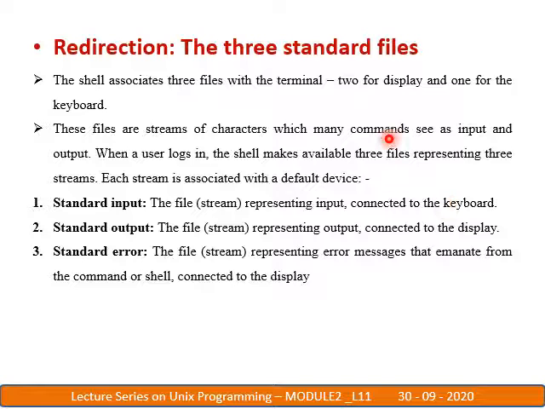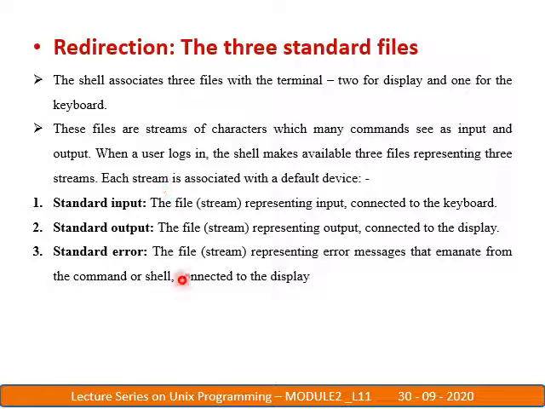In the redirection, the shell is going to be associated with 3 files with the terminal, 2 for the display and 1 for the keyboard. These files are streams of characters. Normally these files have streams of characters which may contain commands such as input and output. When a user logs in, the shell makes available these 3 files representing 3 streams.